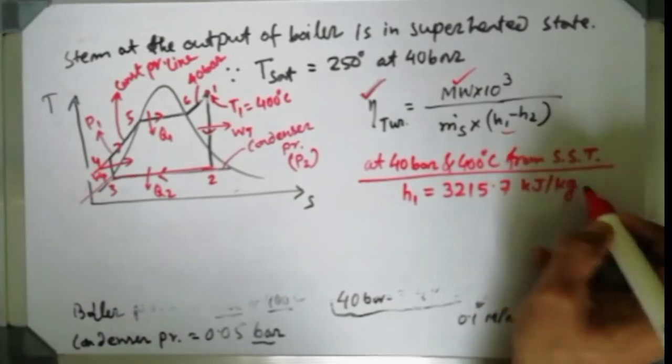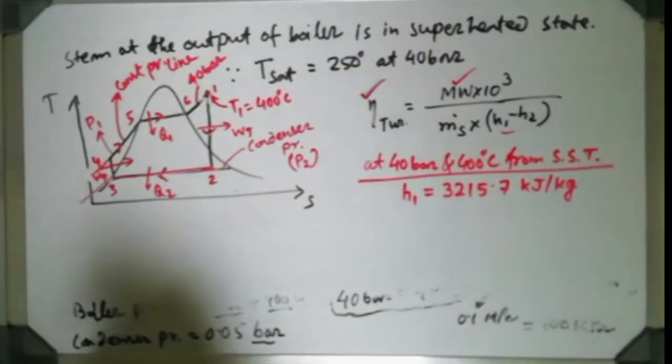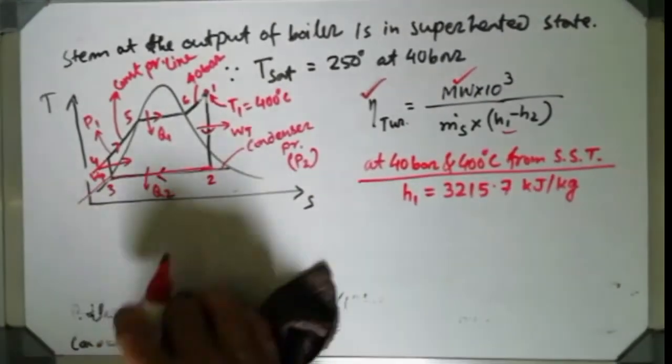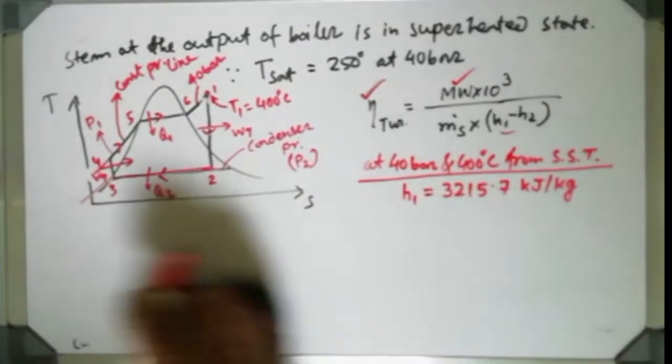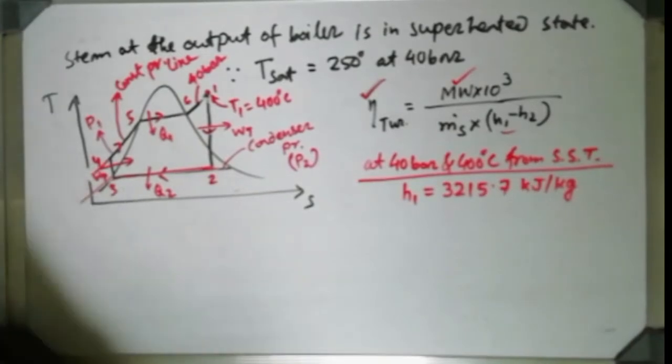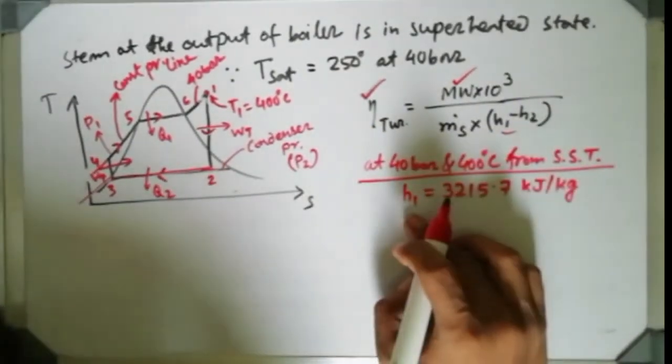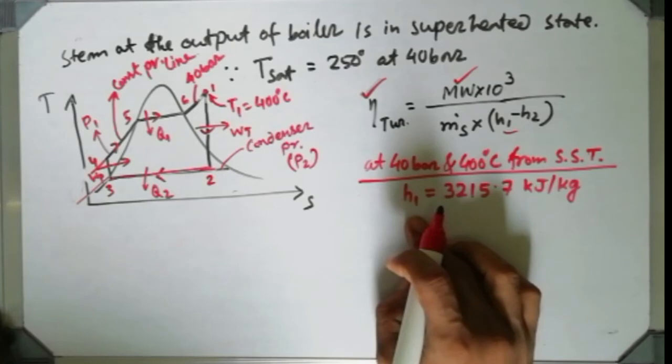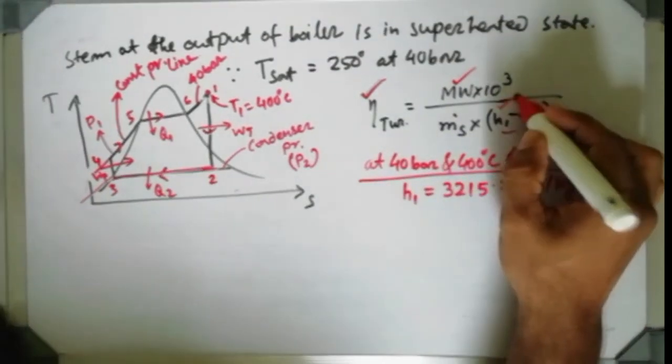You can find it afterwards in the steam table. The superheated steam table is at the last part. With respect to 40 bar and 400 degree centigrade, just find out the enthalpy value. So H1 is now available for you.